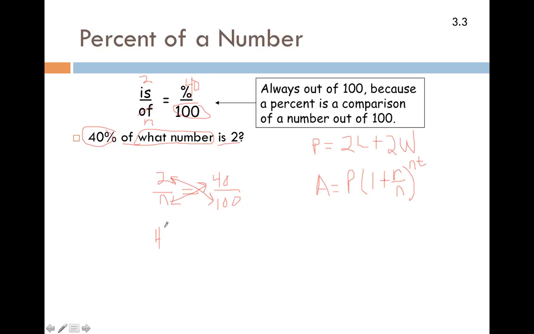We came up with 40n, and then 2 times 100 is 200. Then we divided both sides by 40, and you guys know what that's going to be. It's going to equal 5. Excellent job, my 5 people. So n is going to equal 5.